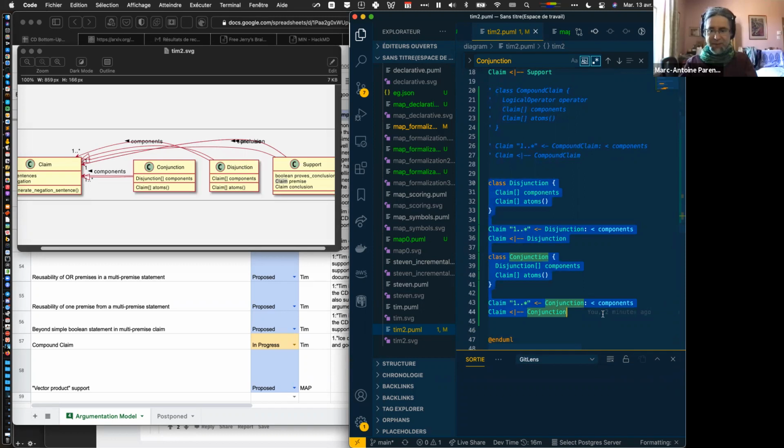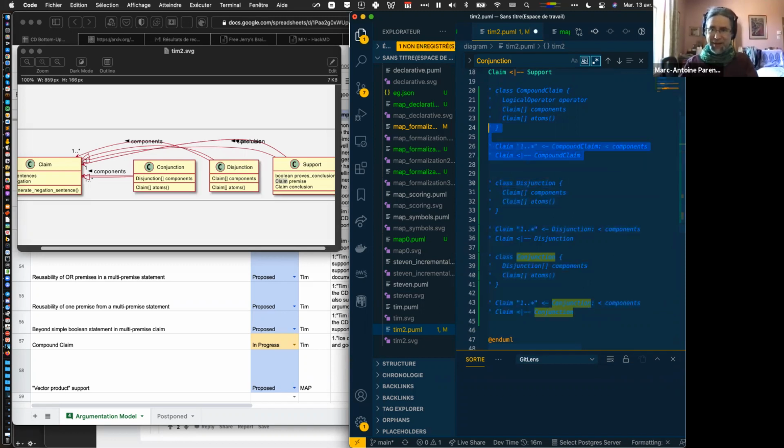Let me now comment that out and take mine back. Right now I had logical operator like an enum, right? What we could do is make it implicit. Make this abstract class compound claim.